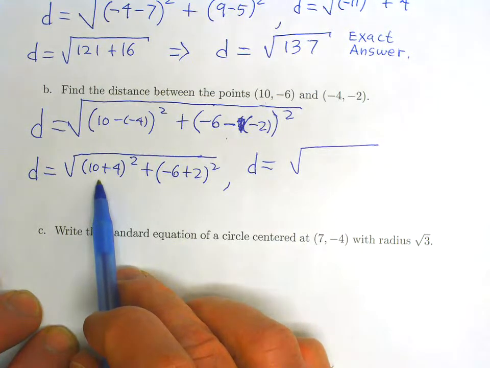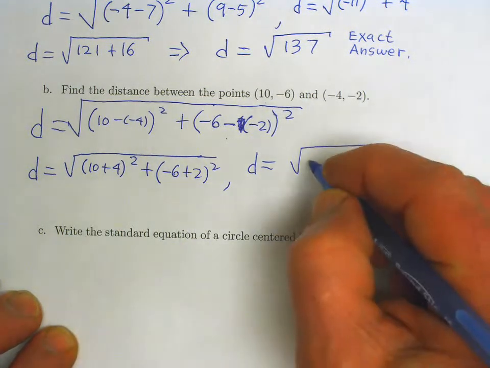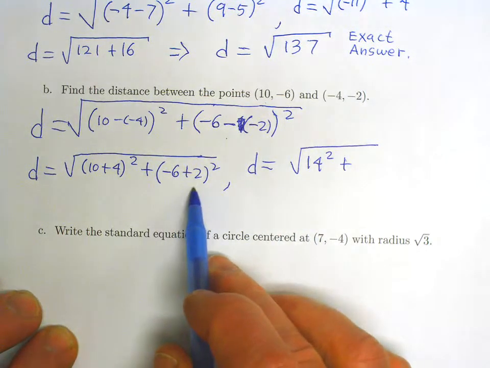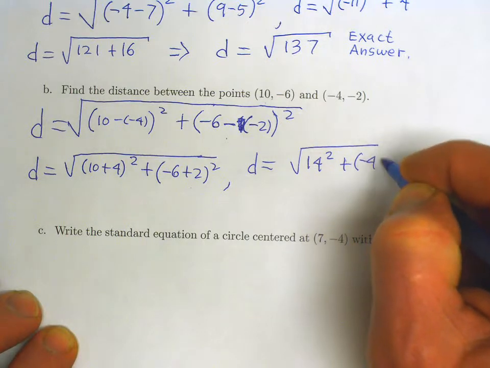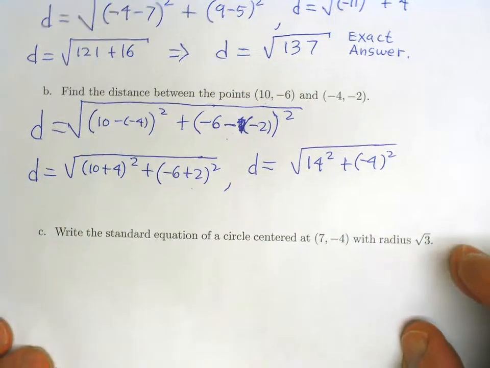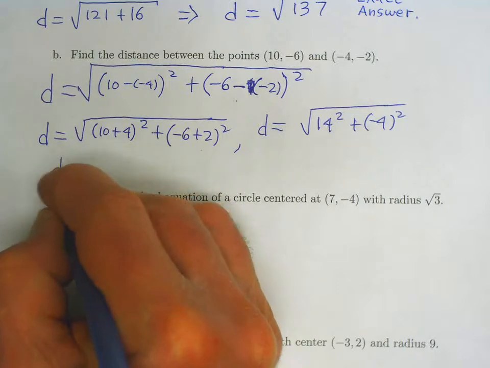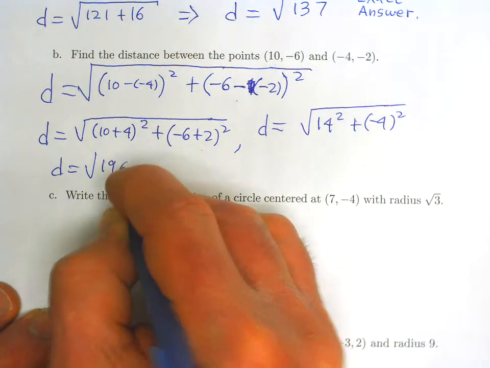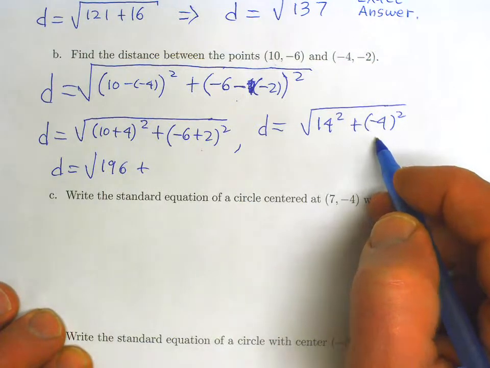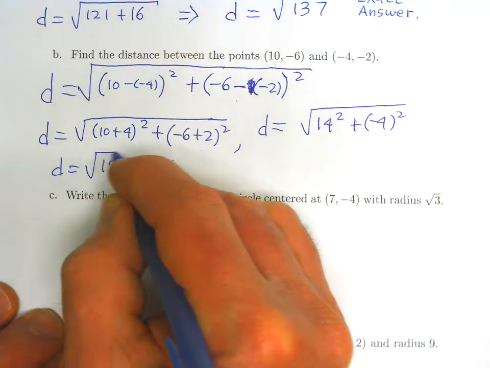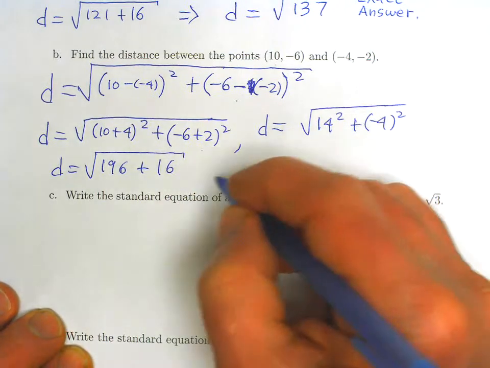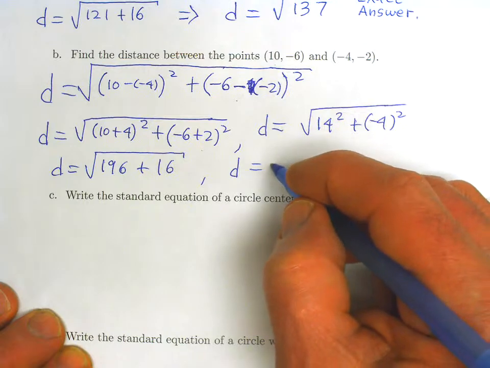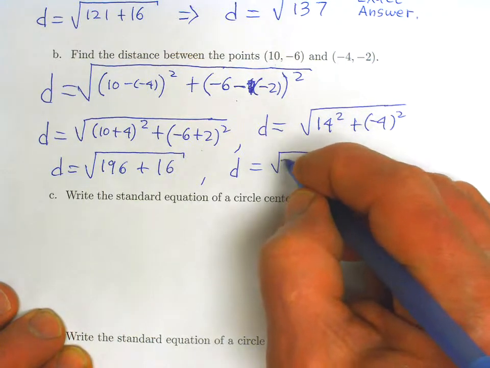So 10 plus 4 is 14, so we get 14 squared. And -6 plus 2 is -4, so we get -4 squared. Then 14 squared is 196, and -4 squared is 16. And so we get the distance equals the positive square root of 212.